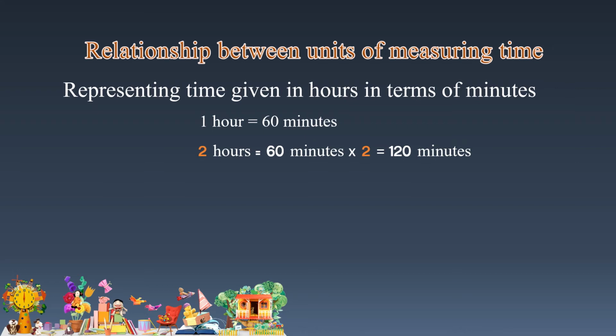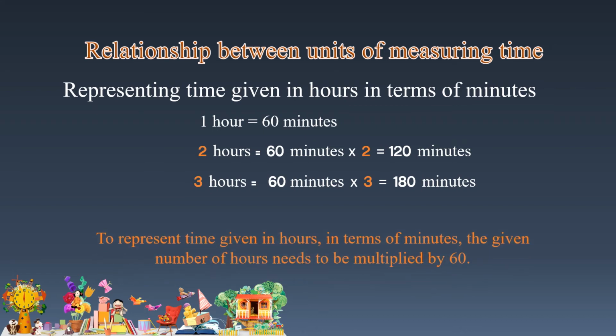If we want to find the number of minutes in 3 hours, we have to multiply 60 minutes by 3. So that is 180 minutes. So after that also we can come to a conclusion as to represent the time given in hours in terms of minutes, the given number of hours needs to be multiplied by 60.